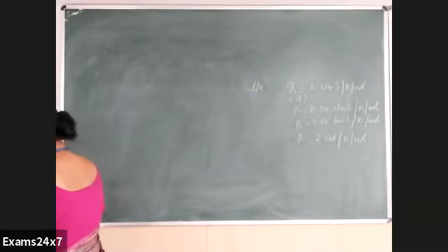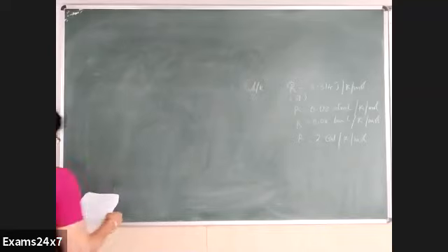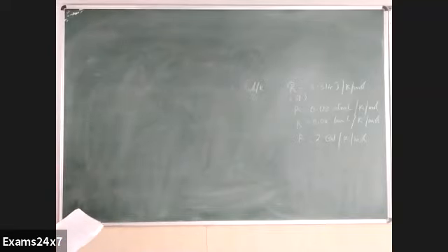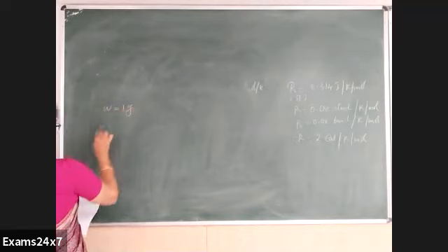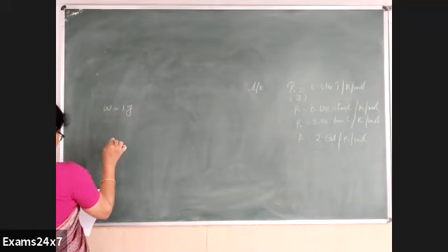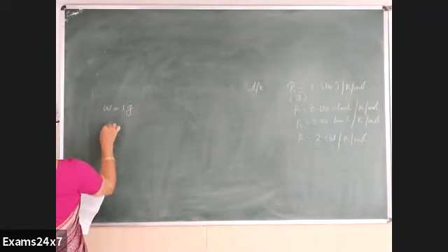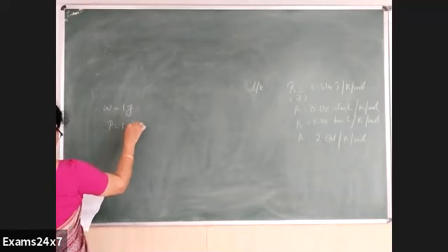Then 14. The volume of 1 gram of methane, ethane, propane and butane each was measured at 350 Kelvin and 1 atmosphere. What is the volume of butane? Mass is given as 1 gram of butane. Pressure is 1 atmosphere.